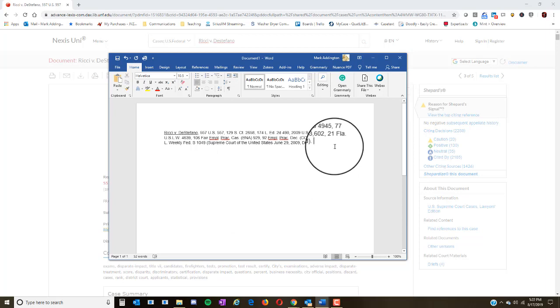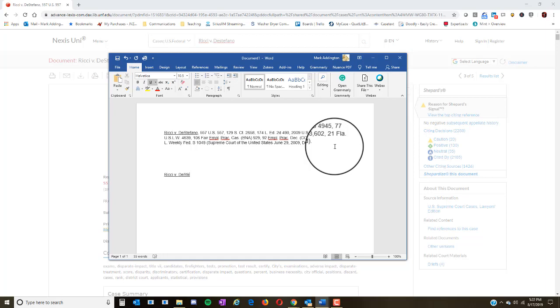So let's say about 10 pages down there was a part of this opinion that we wanted to quote in our work product. The way we would cite that is we would say Ricci v.